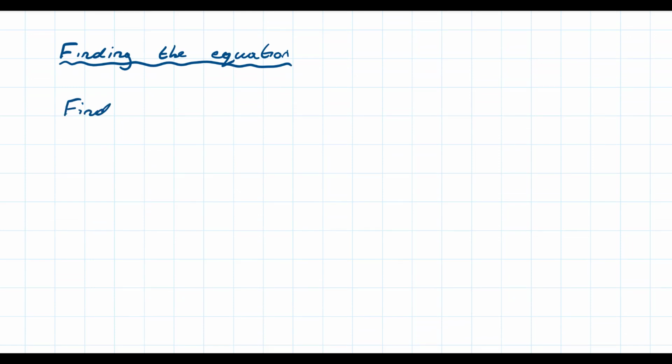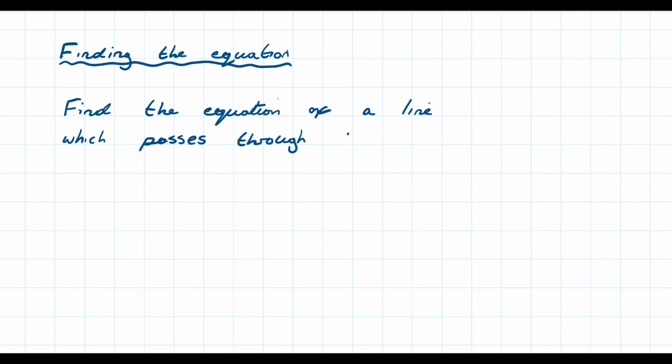Find the equation of a line which passes through 0, 7. So I'll give you a point that it passes through, and has a gradient of 3.